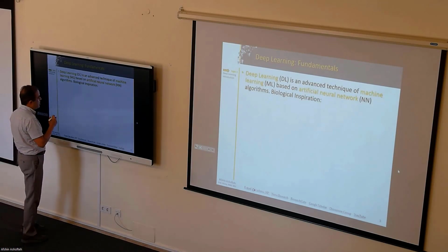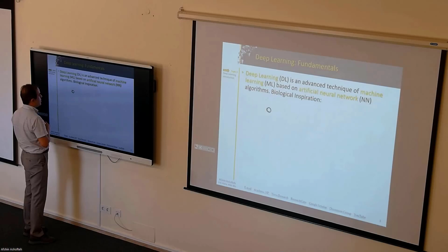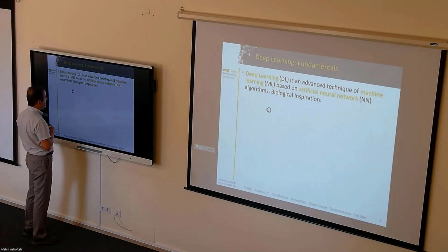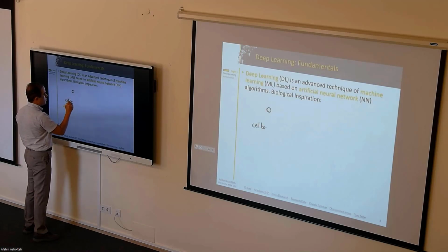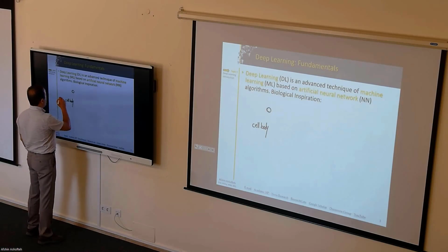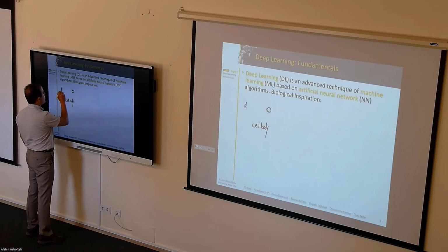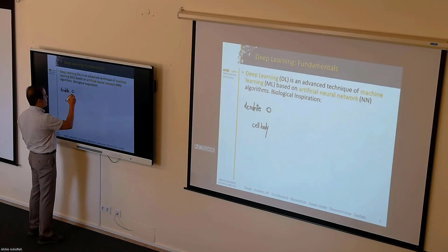So let's have these neurons. We have the cell body here, okay? So this represents the cell body. We have also dendrites.